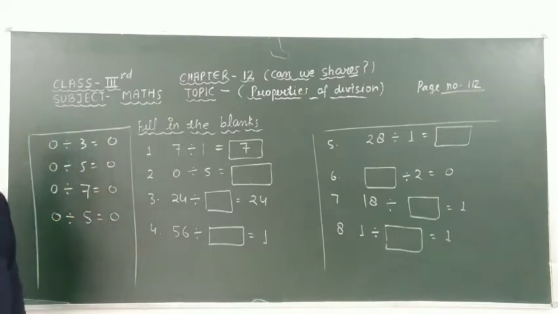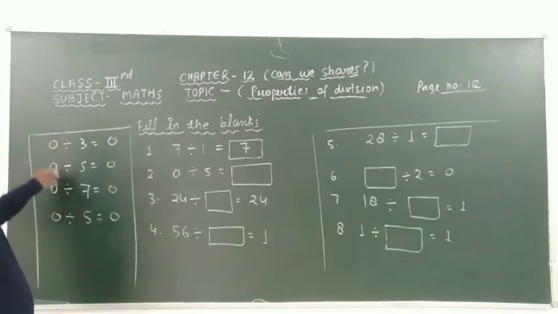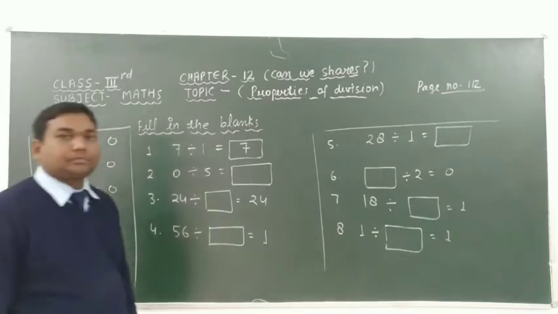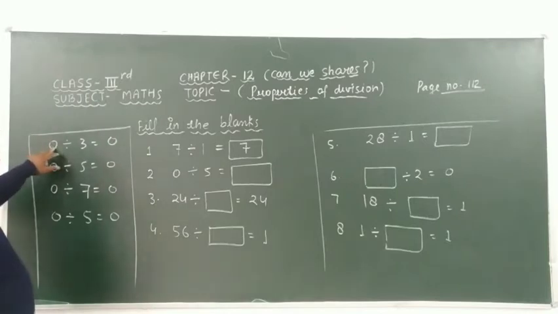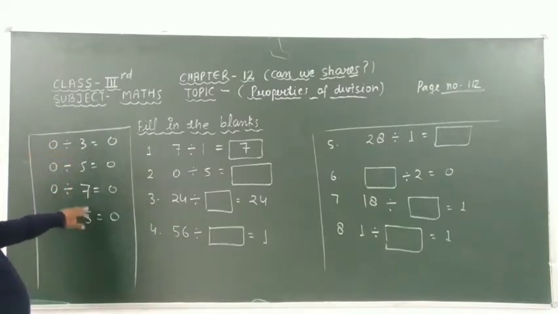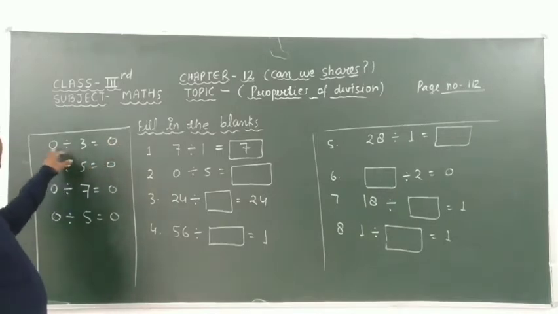It means that if we have to take the division of 0 by any other number, then we get the result as same. It means that we get the result as 0.